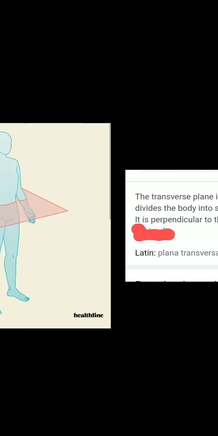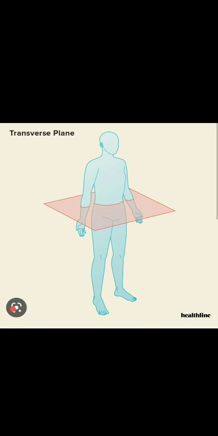Last but not the least, as we said, the transverse plane is an anatomical plane that divides the body into superior and inferior sections. Into superior up and inferior down. So this one crosses the body into up and down.